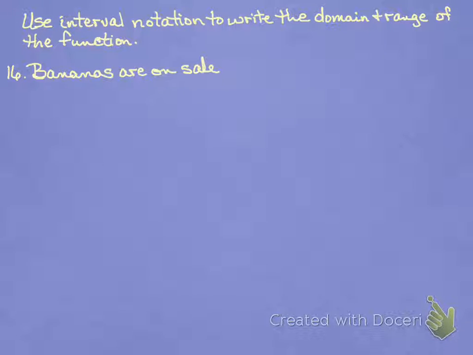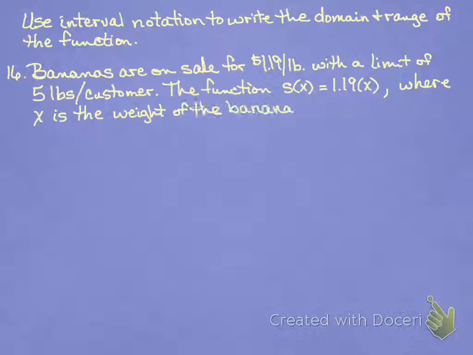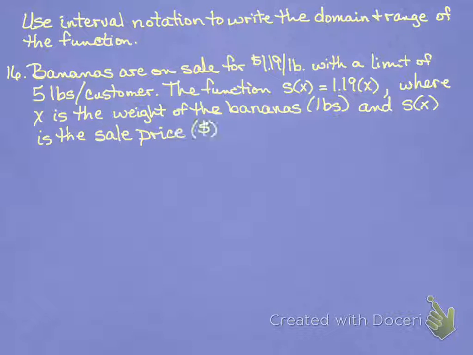The next one, we're going to write in interval notation. Let me get all this written out, and then I'll pause it and read it to you. Bananas are on sale for $1.19 a pound with a limit of 5 pounds per customer.